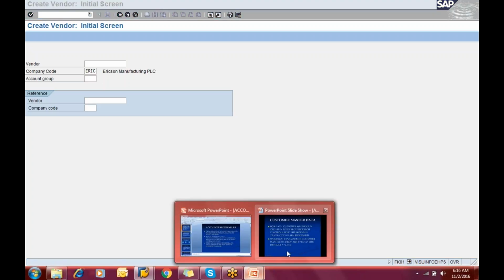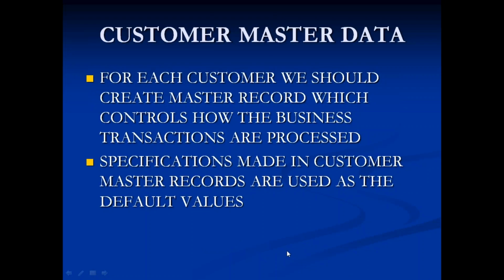So this is what we have understood for your vendor master data and customer master data. Here it is saying that the same thing you will come across for customer master data also. Whatever information you maintain in your master data will become default, whether it is the vendor master data or customer master data.